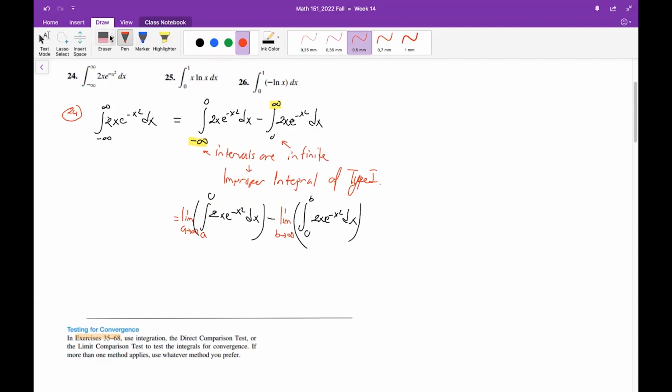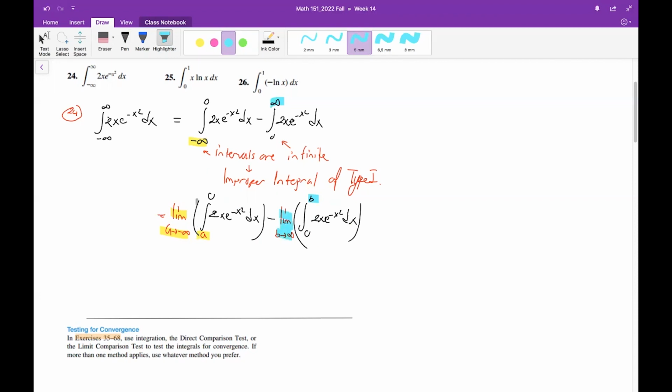Sorry, here a should be sent to minus infinity, of course. So let me emphasize what I did with the variables. Instead of this infinity, I put b. Then I sent b to infinity.